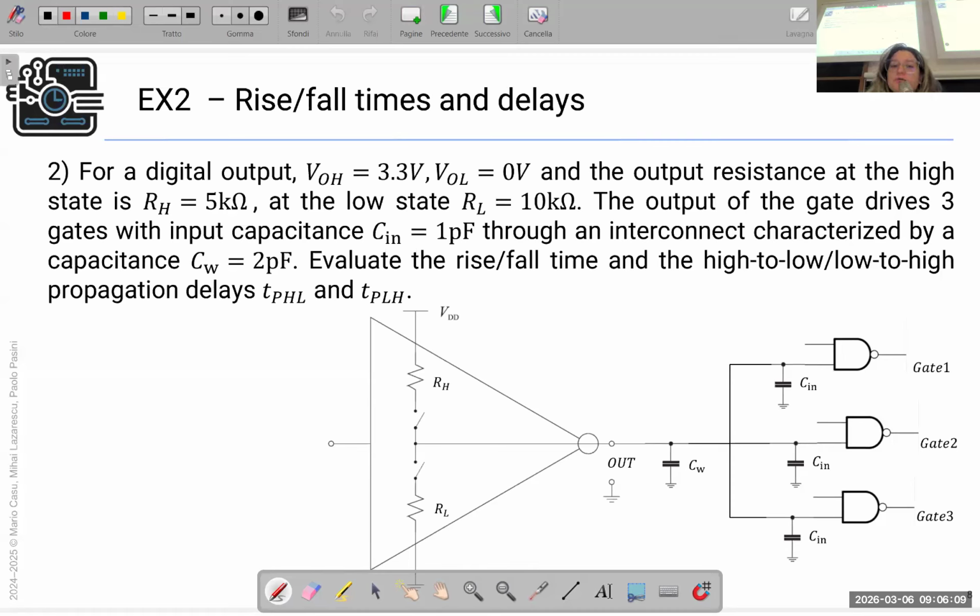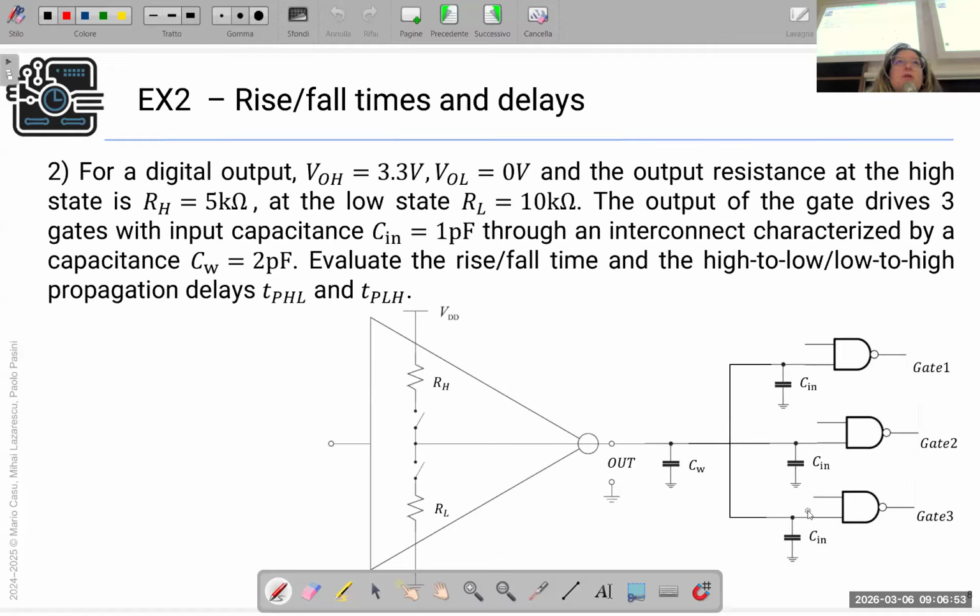So when there is a task and the circuit is not given, try to think and imagine which is the schematic behind it. It says that a digital output is connected to something. In this case, I have designed an inverter, but it could be anything, even just a block which inside has these two resistances. And then the output is connected to three gates.